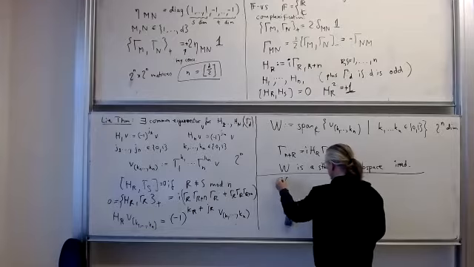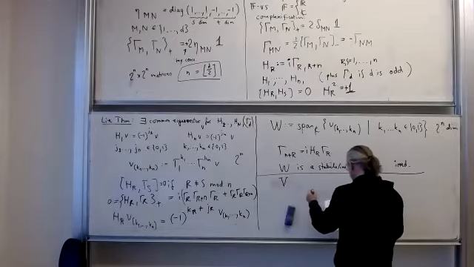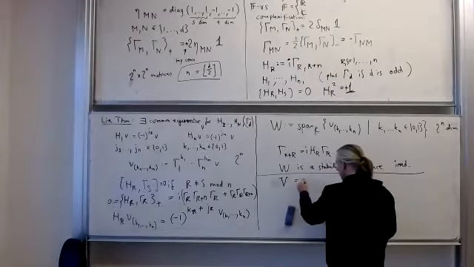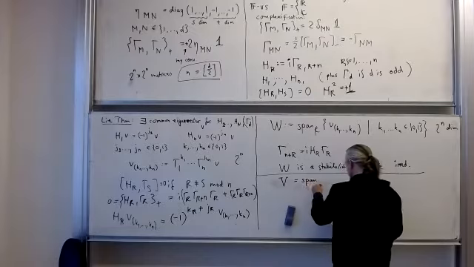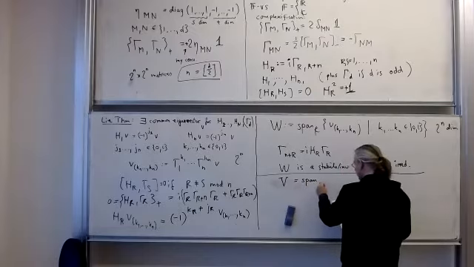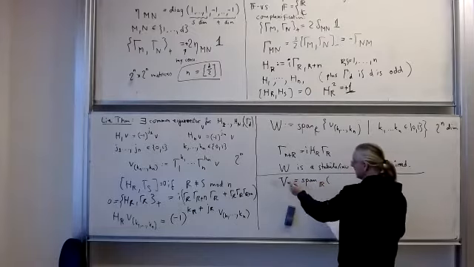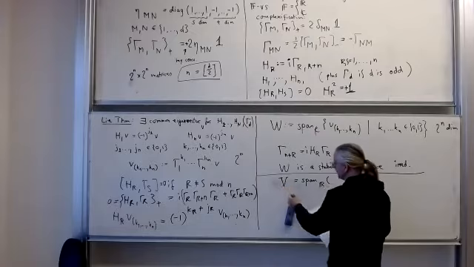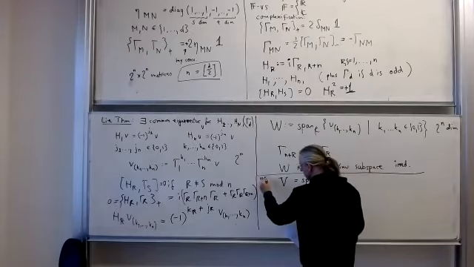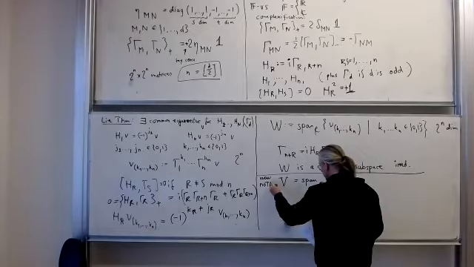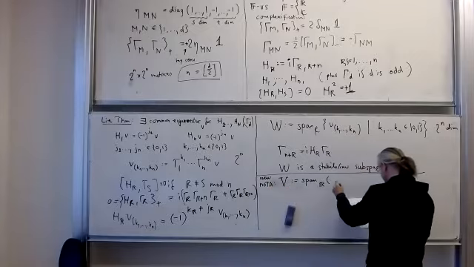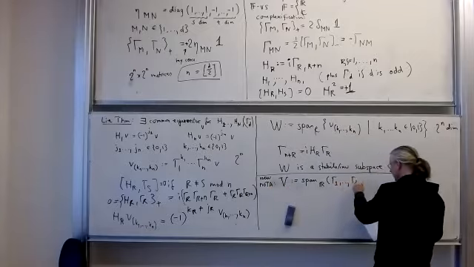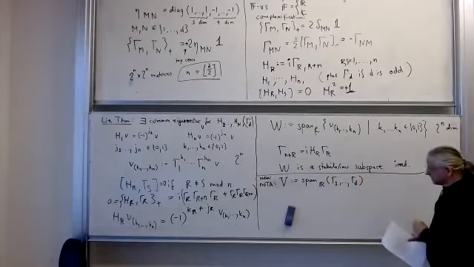From now on, in the rest, V will be the real span of the gamma matrices. So now it's not a representation anymore. New notation. V is the span of the gamma matrices. So it's a vector space.